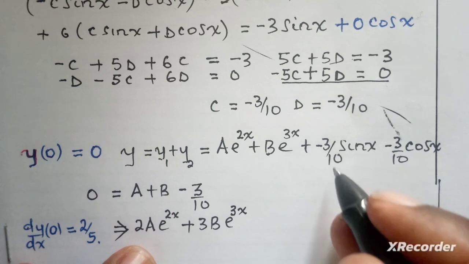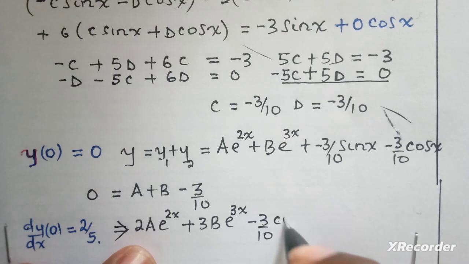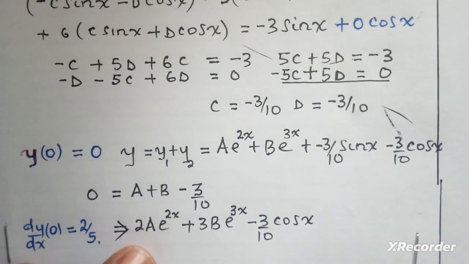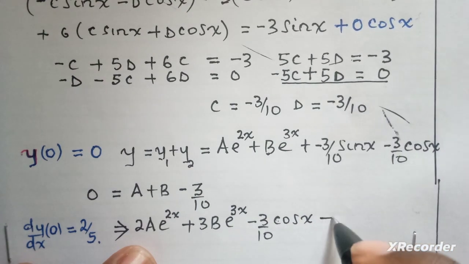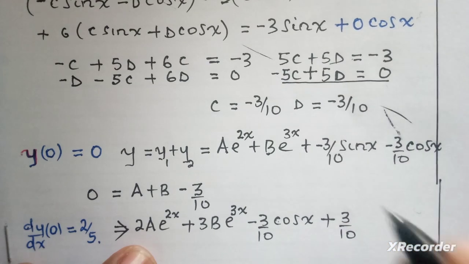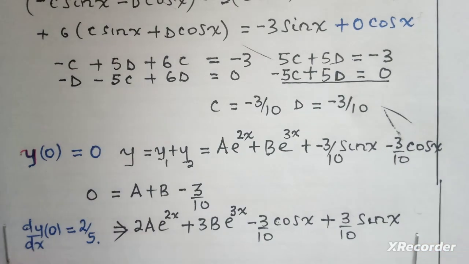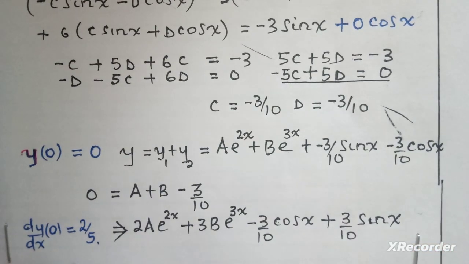Coming here, we will find minus 3 over 10 cos x, and this one now is going to be plus 3 over 10 sine x, like that. Now, guys, we come and replace.